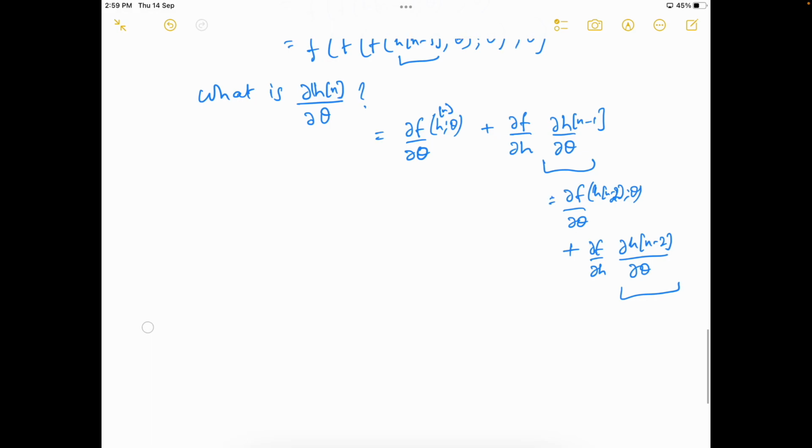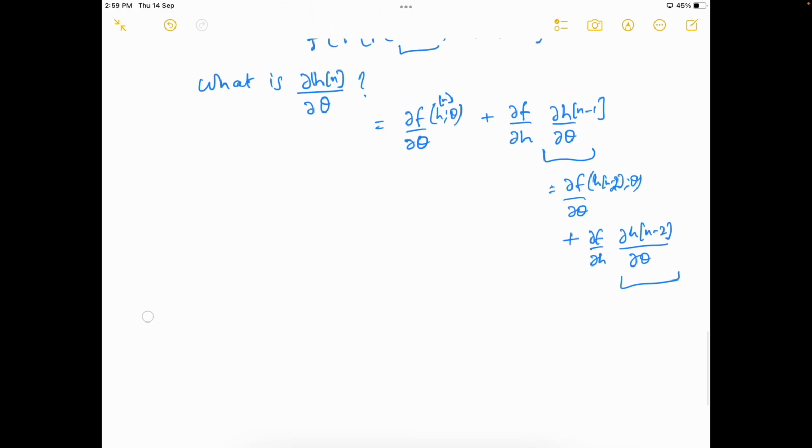What else can you do? Because you know that dou f upon dou h is also kind of curtailing the effect. Generally, if dou f upon dou h is less than 1, then it is reducing the effect of your dou h upon dou theta.